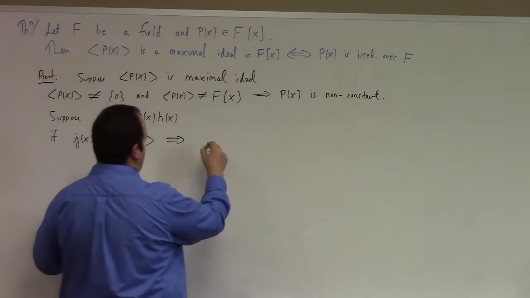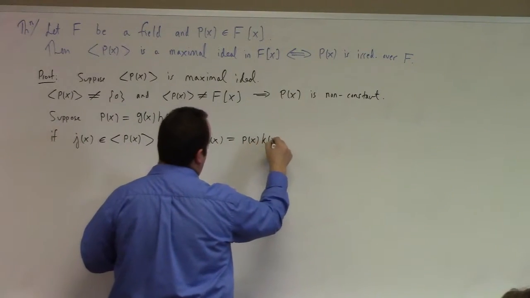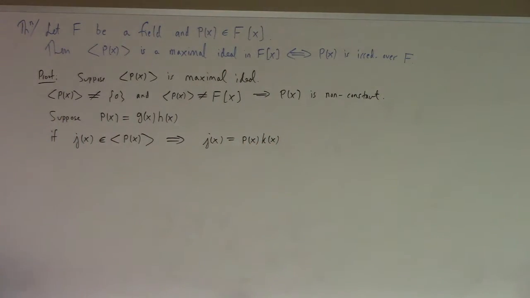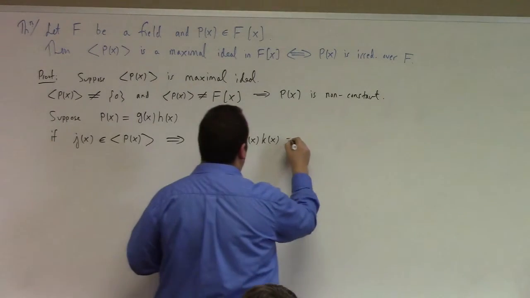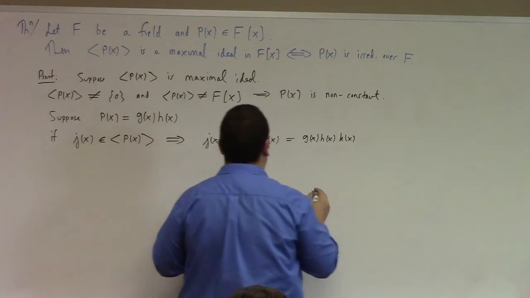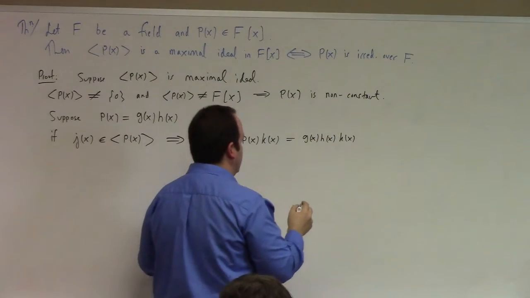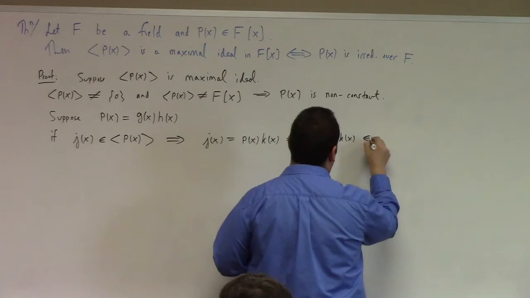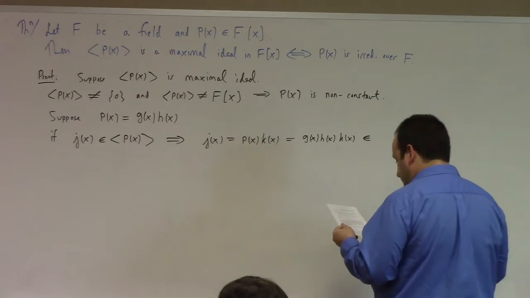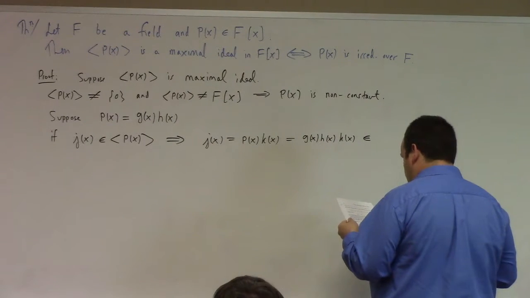That implies that j of x is equal to p of x times something else, right? Because it's in the ideal generated by p of x. What's that say? Oh, but p of x is what? So let's see here. What's that say then about the j? j of x is what? This is an element of what? The ideal generated by g of x, right?